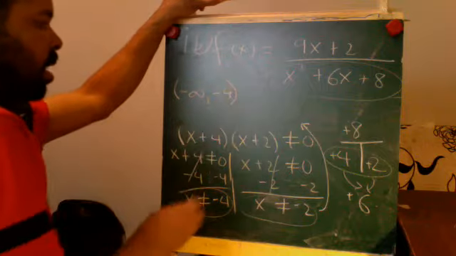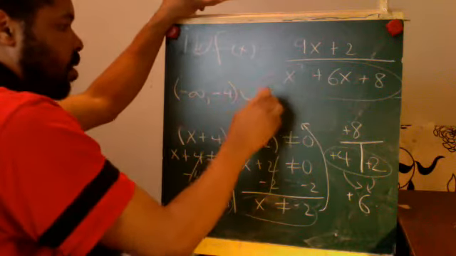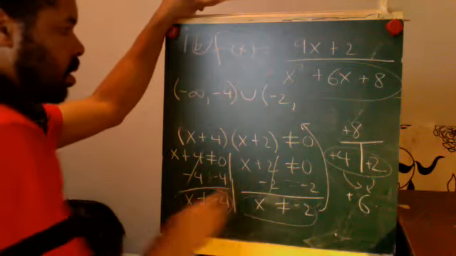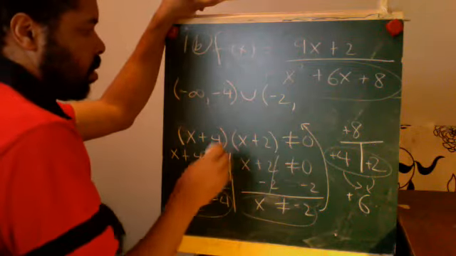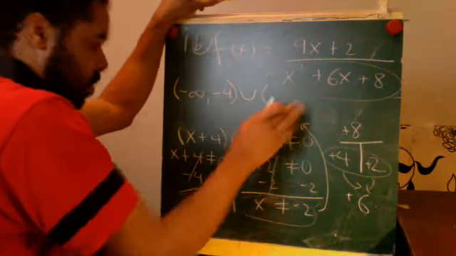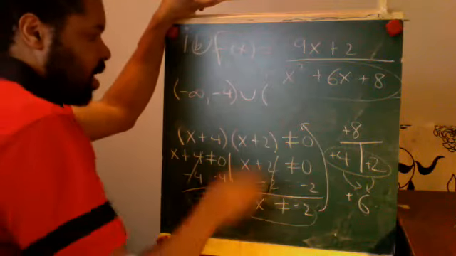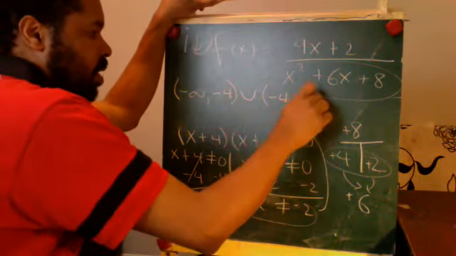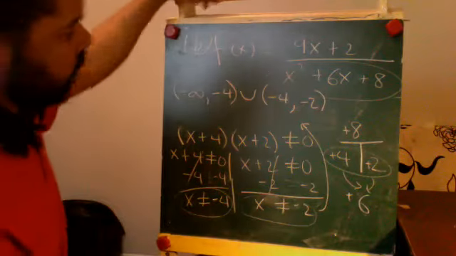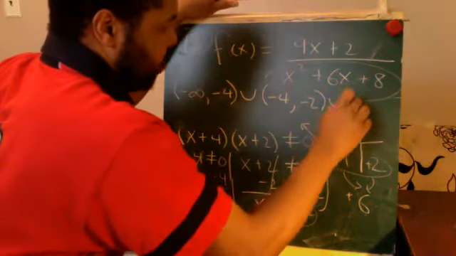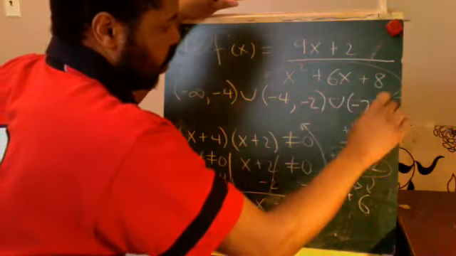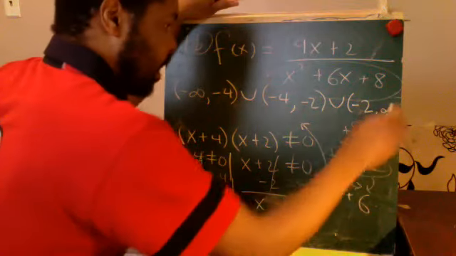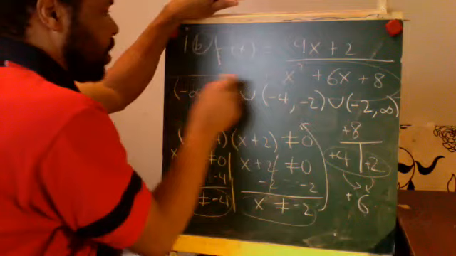Then you jump from negative 4 and go all the way to negative 2. Said the right thing, wrote the wrong thing. And then after that, you pass negative 2 and go all the way up to positive infinity. So that is what we have here. This would be the answer.